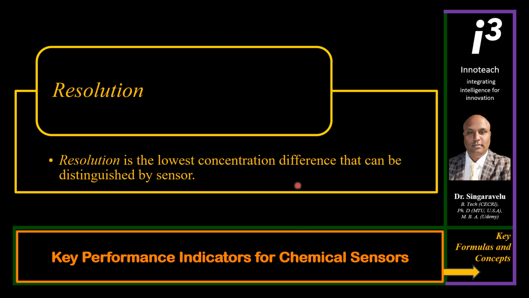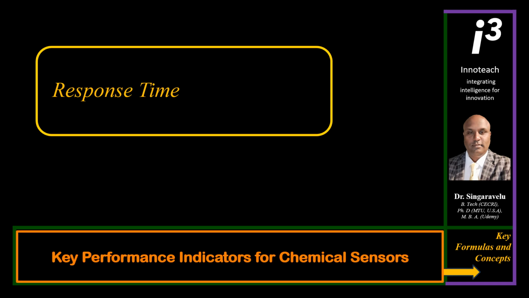That signal should be statistically valid and significant for the change in the concentration. That smallest concentration difference that could yield a statistically significant signal is called resolution in a sensor.